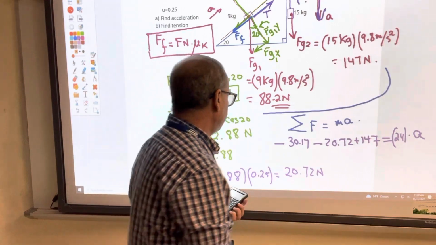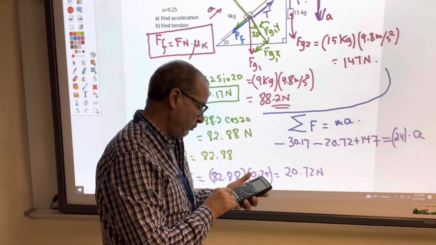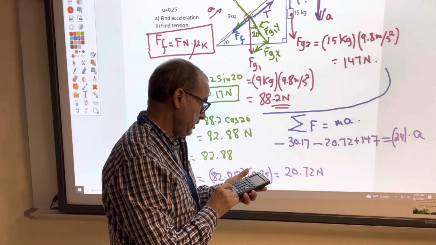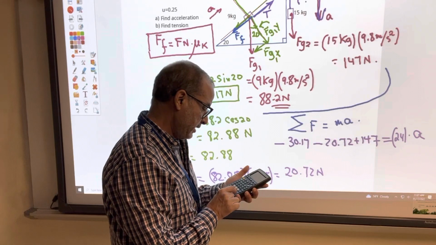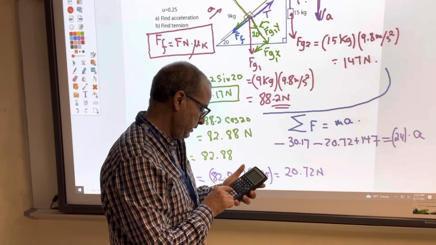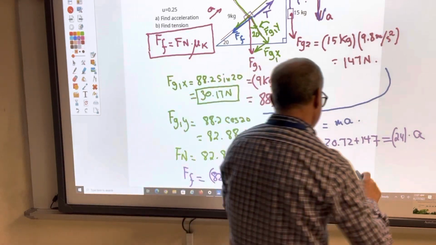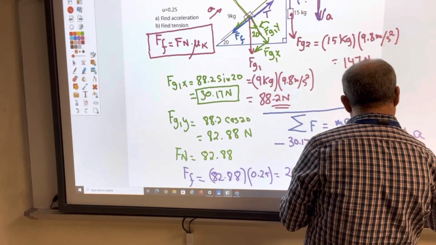So now we're just going to calculate this. We have 147, I'm going to start with a positive number, minus 20.72 minus 30.17 equals 96.11 equals 24a.